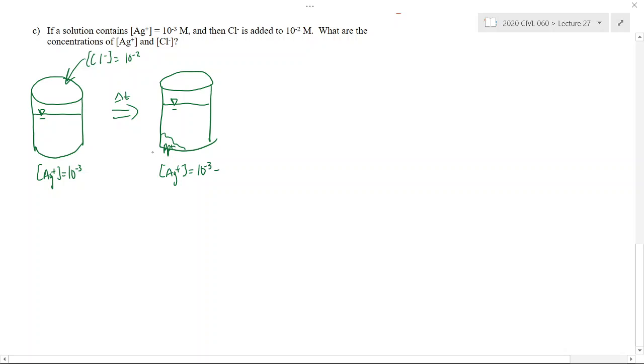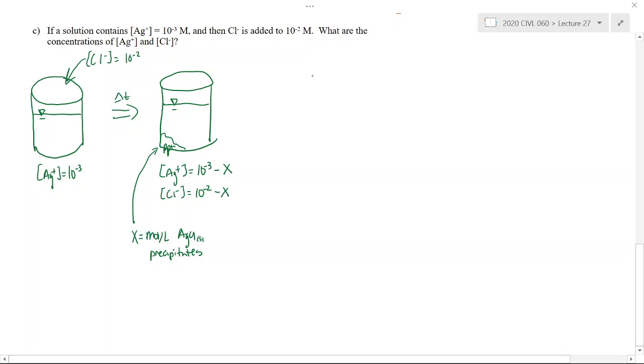And I'm going to define a variable here, which is that X is equal to the moles per liter of silver chloride solid that precipitates. And so then this is 10 to the minus 3 minus X. And the silver and chloride are both present at a 1-to-1 ratio in the solid, so I don't have to put any multipliers or anything like that. My chloride concentration is 10 to the minus 2 minus X.